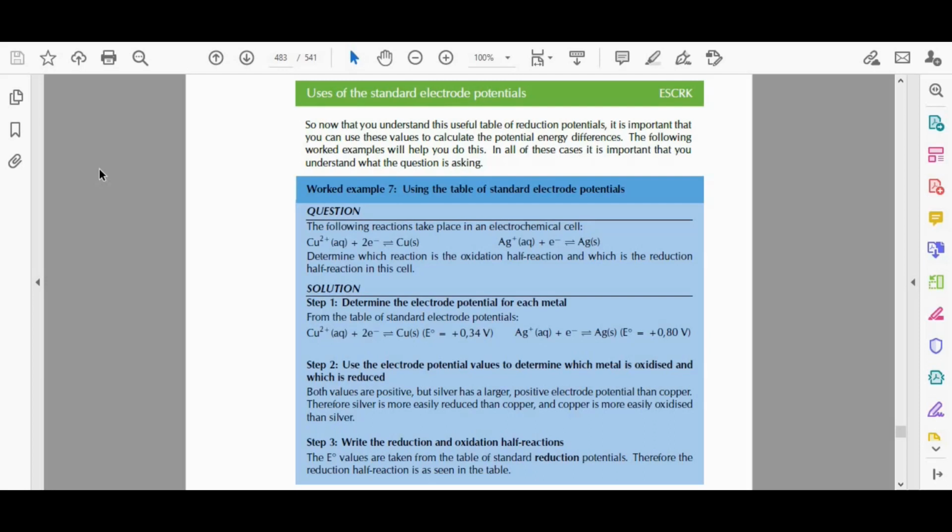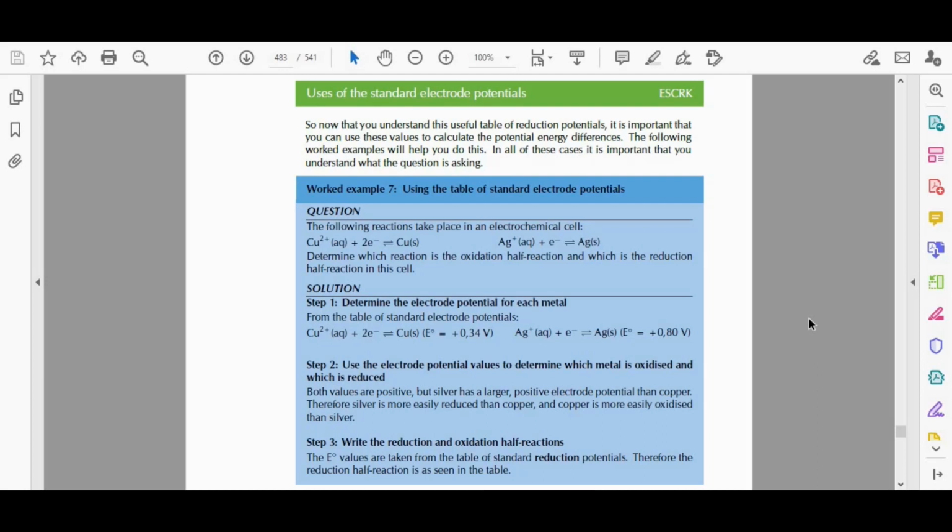Now from the table of standard electrode potentials, looking at the reactions in this format, let's find the electrode potential. We can see that the copper 2 plus reaction has an electrode potential of positive 0.34, and the silver has a positive 0.80.